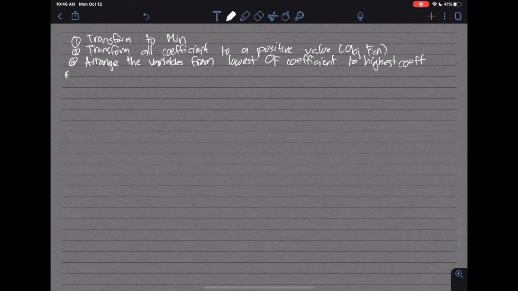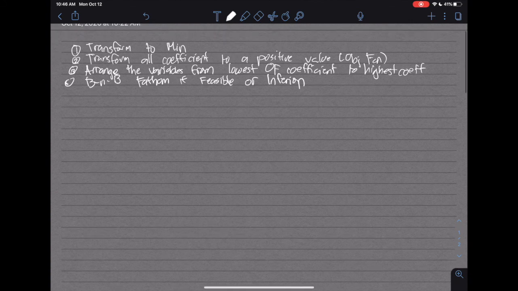And lastly, you do the branch and bound algorithm, and you fathom a branch, or by fathoming we mean we stop extending that branch if it is infeasible or inferior.